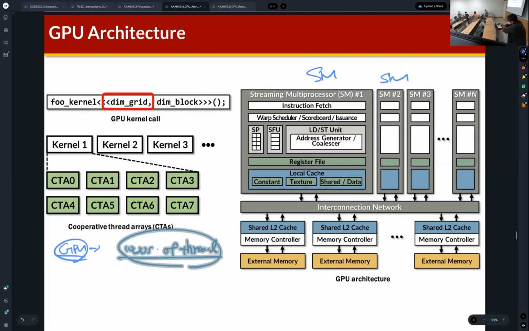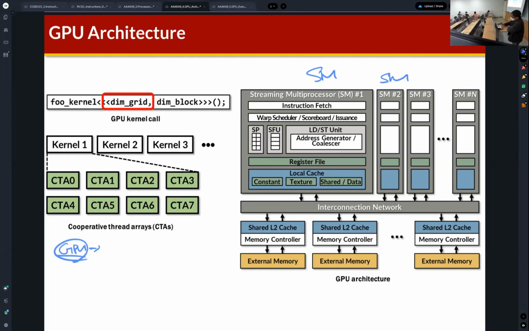But I mentioned that GPU architecture is very similar to SIMD architecture. You can think, there are thousands of threads executing independent instructions. Then, can we use SIMD architecture? So think like this.